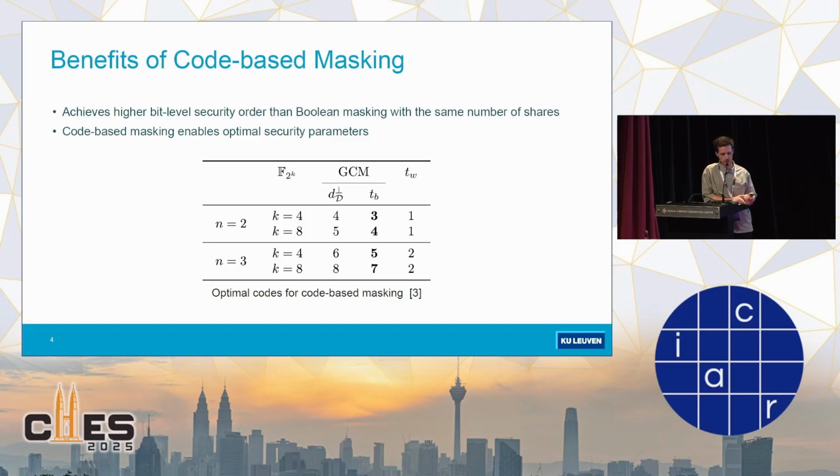You see that for 2 shares and 4-bit elements, you already reach third order security, compared to the word level, which will always be stuck at n-1. Boolean masking will always have the bit level and word level security equal. So that's something you would like to have.